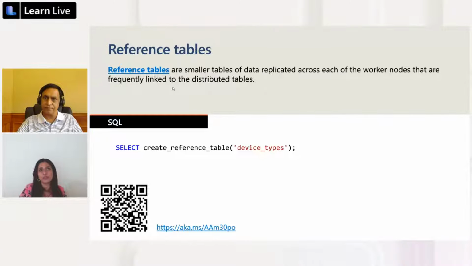The one thing that you need to remember when you're talking about reference tables in the context of Cosmos DB for PostgreSQL is that the reference table gets created or copied on all the nodes. So every node that you have, the worker node, has the reference tables on it. And because it's on all the nodes, you have to make sure that the reference tables are smaller, do not have too much data, and maybe that the data is not changing too often.